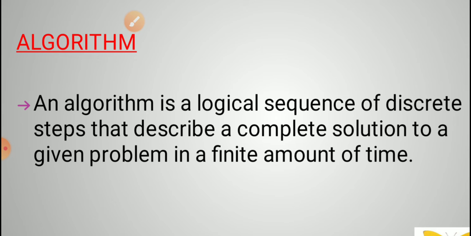So you will define the numbers. Okay, this is analyzing the problem. What is number 1, what is A, and what is B. Okay, in the third step you will add these two numbers, A plus B, right? Okay, in the fourth step you will store the sum of these two numbers in another place.